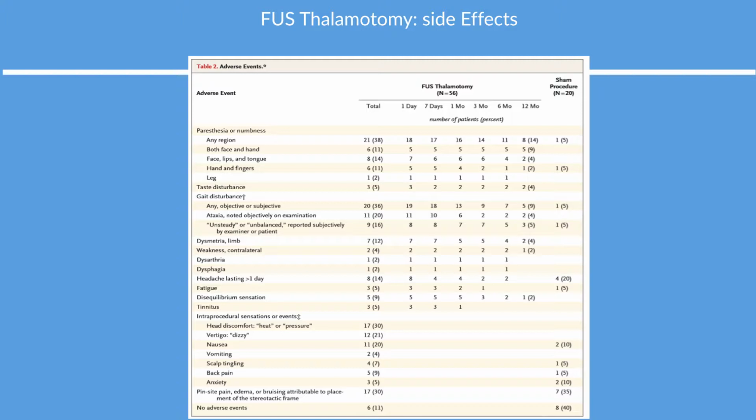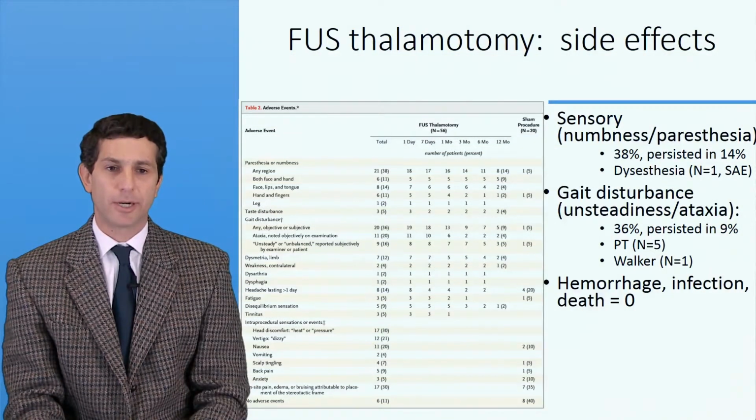Most of them all resolved, but you can see that it persisted in 9% of the patients. 5 patients required physical therapy during the trial, and 1 patient did require an assist device. Otherwise, the side effects tended to be mild or temporary. There were no hemorrhages, no infections, and no cavitations, which is a side effect unique to ultrasound procedures.